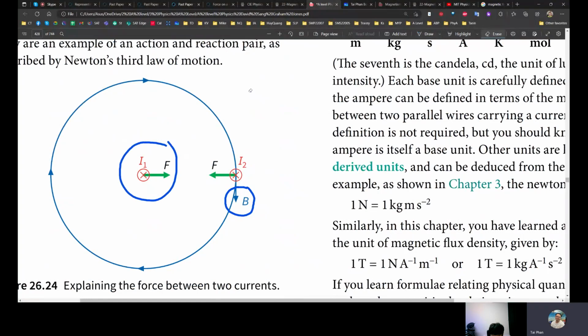We apply the left-hand rule: field downward, current into the page, so the force is to the left. So that is another way to explain how currents running in the same direction attract each other, and when they run in opposite directions, they repel each other.